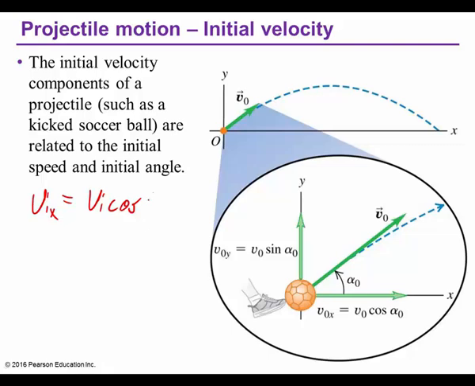Theta, alpha, I don't care what Greek letter you use, just angle. I've always used theta, even in trig and physics. So the initial velocity in the x direction is initial velocity times cosine alpha, or theta. Well, duh. What about it in the y? It's the same thing except sine. And that's it.